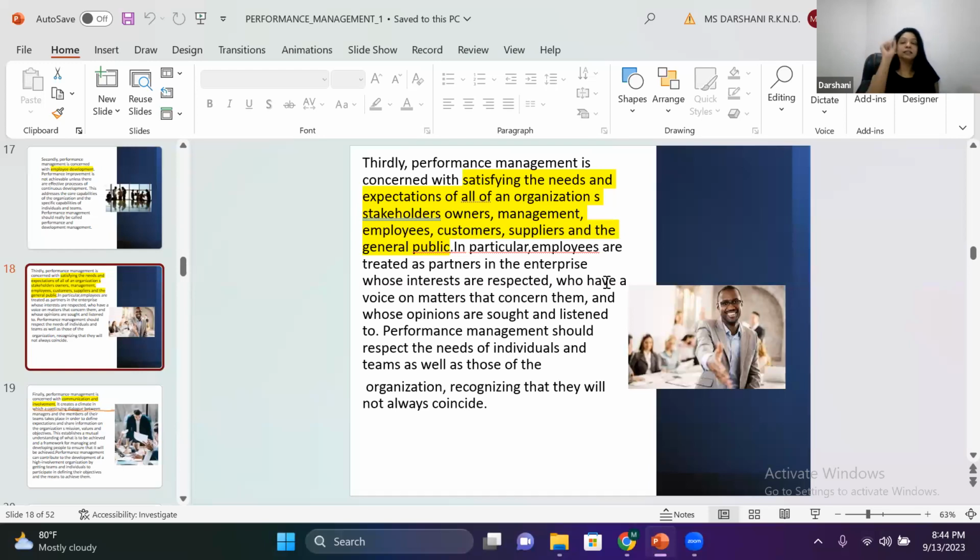So the first thing is what your employees should work on. They focus on how to satisfy each party: how to satisfy the customers, the management, the stakeholders, owners, suppliers. If you are directly dealing with the suppliers, you want to know how to satisfy them.